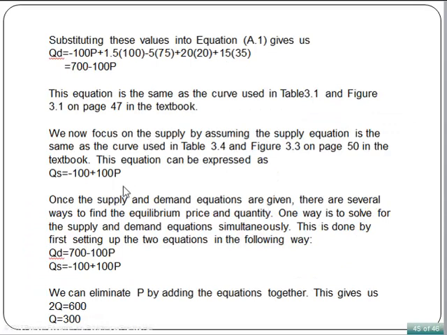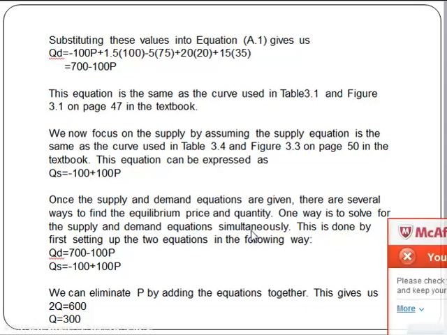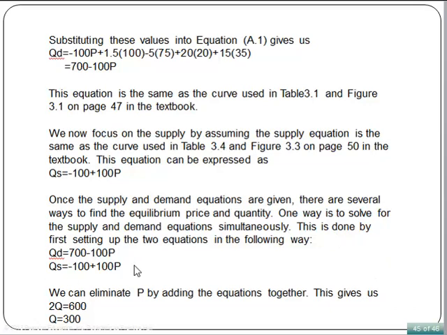Okay, once the supply and demand equations are given, there are several ways to find the equilibrium price and quantity. One way is to solve the demand and supply equations simultaneously. This is done by first setting up the two equations in the following way. Put them together. So Q sub D is 700 minus 100 times price. Q sub S is minus 100 plus 100 times price.